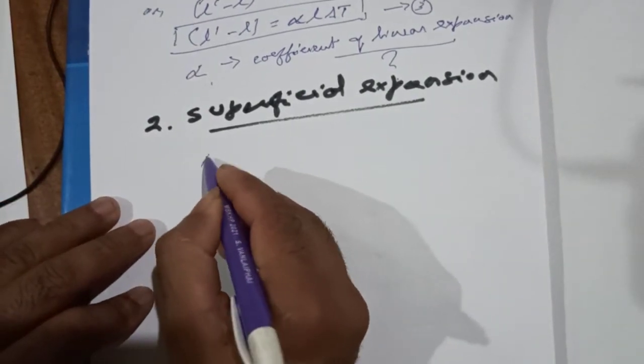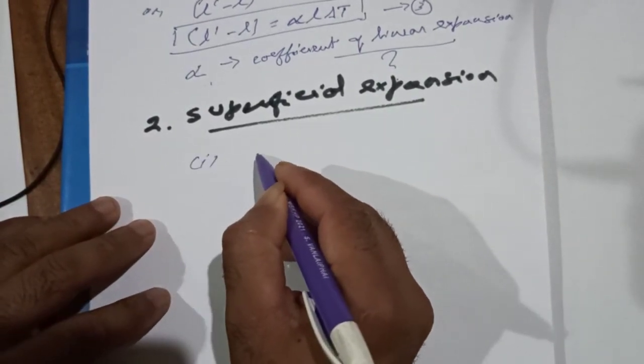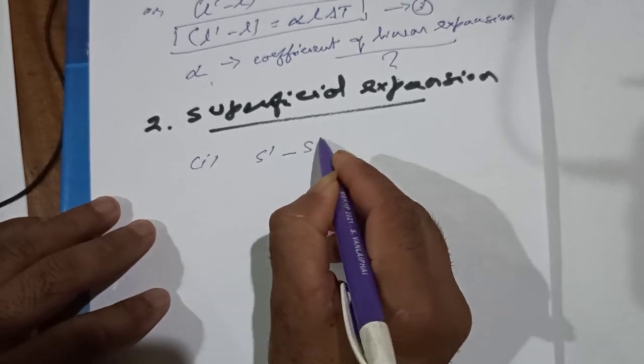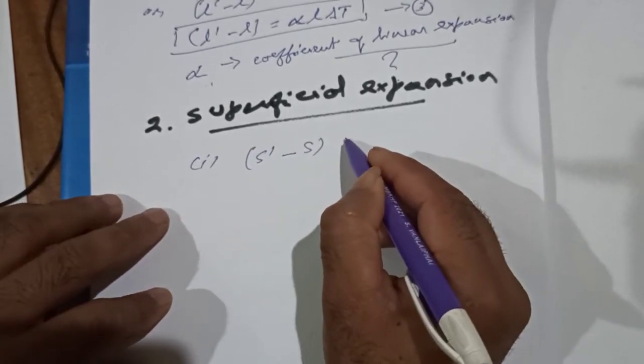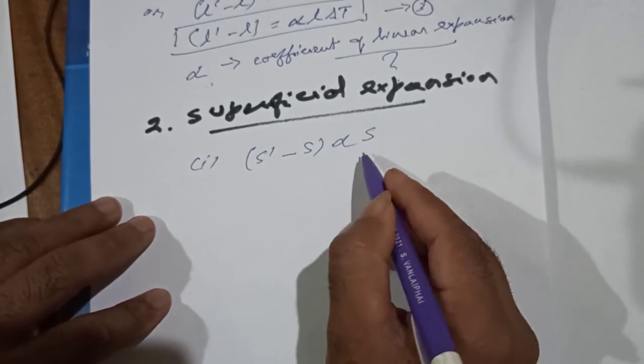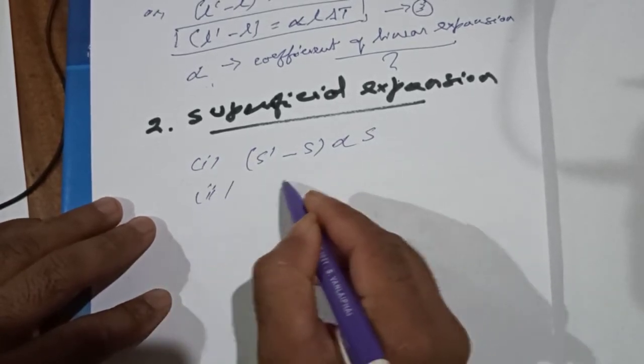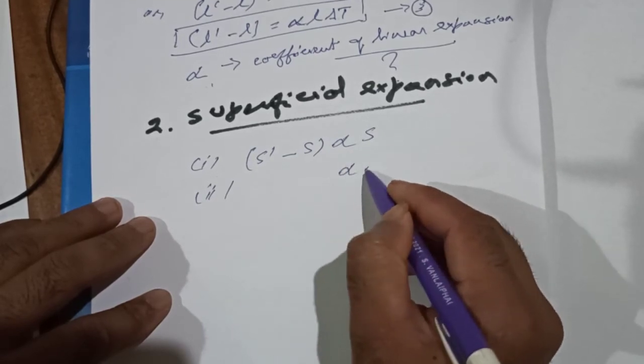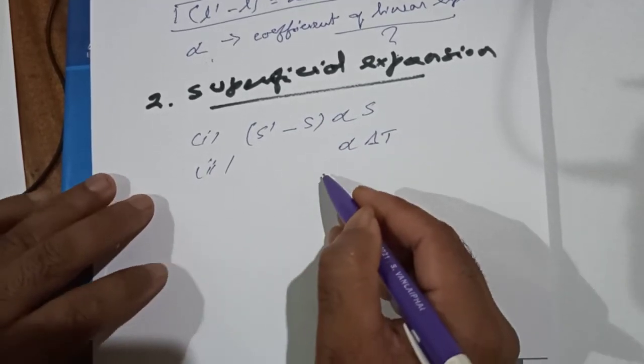Number 1, the change in area, we write S for superficial, is directly proportional to the original area. And number 2, this will be directly proportional to the rise in temperature, if we give more heat.